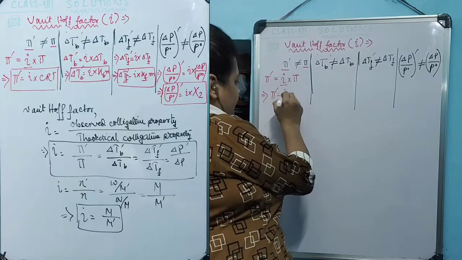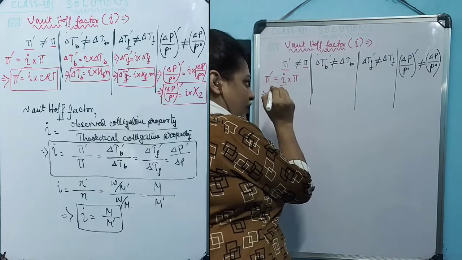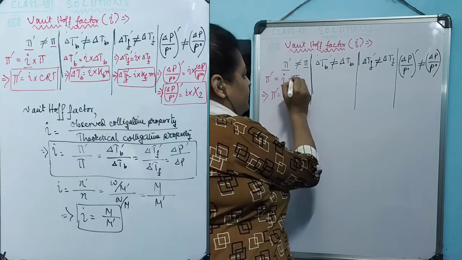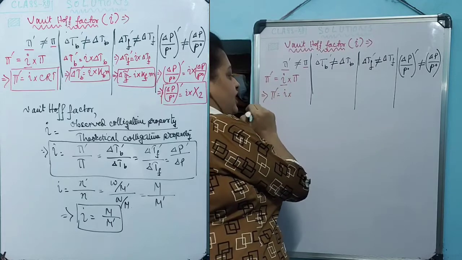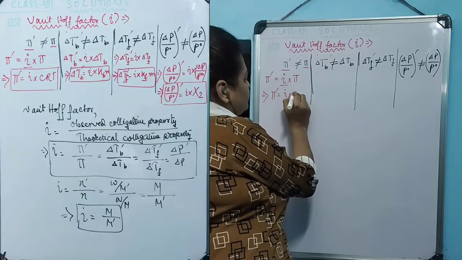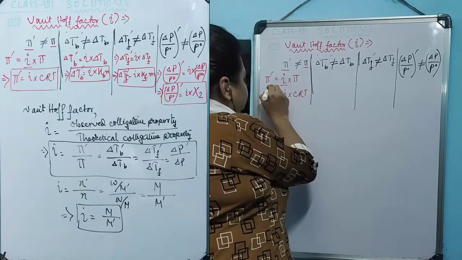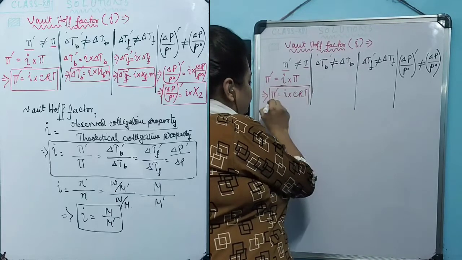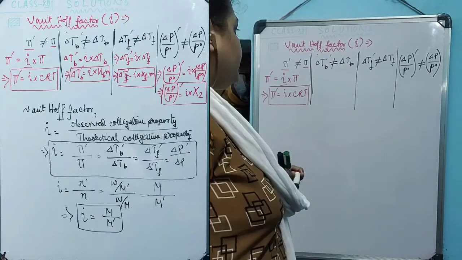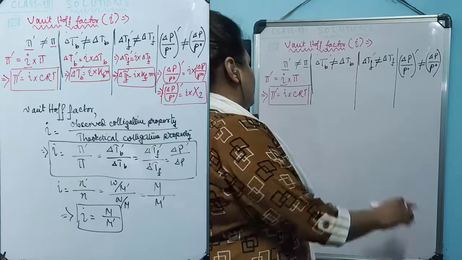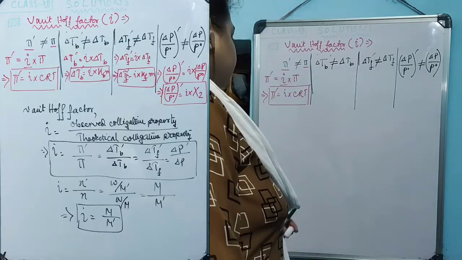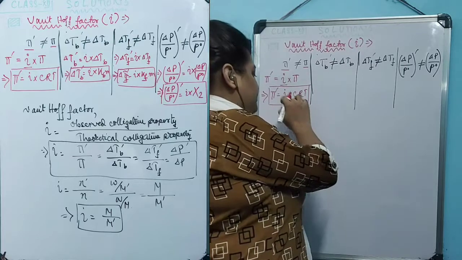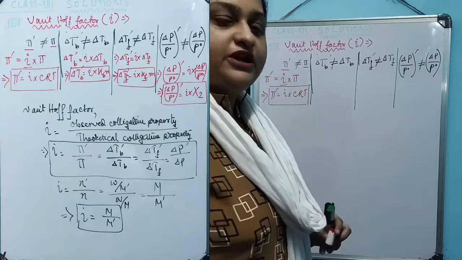He gave pi prime equals Van 't Hoff factor i multiplied by pi, or pi prime equals Van 't Hoff factor i multiplied by CRT. This is the modified Raoult's law, the modified mathematical expression for osmotic pressure.